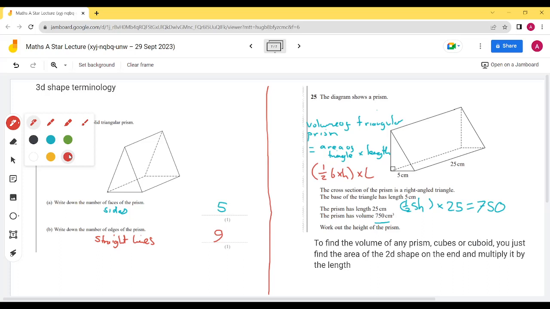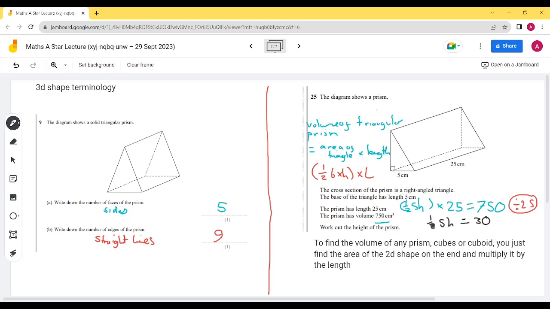Now we've just got to work backwards through this equation. We've solved equations before, so to get rid of something on one side, you do the opposite. We've got times 25, so we're going to divide by 25, and that's just going to leave us with half 5h on one side and equals 750 divided by 25. 25 goes into 75 3 times, we add the 0.